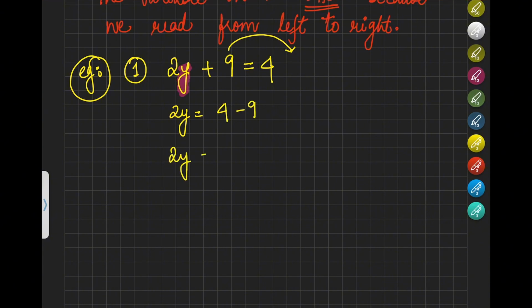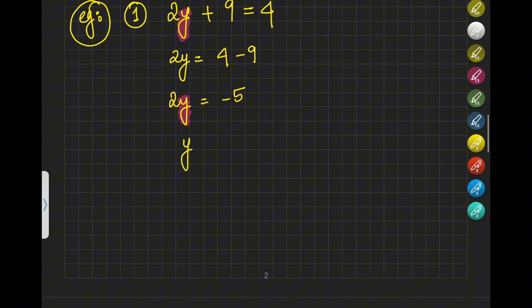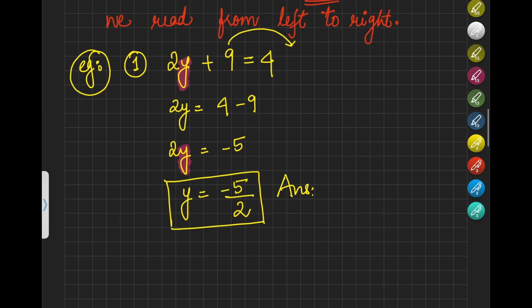So 2y is equal to minus 5. Still my variable has not been isolated. So what do I do now? I isolate my variable by taking the number 2 to the right hand side. So what do we get? We get y is equal to minus 5 by 2.